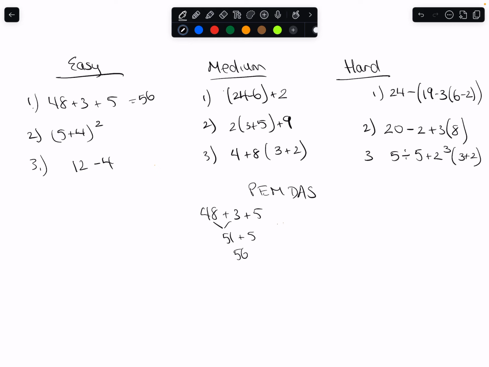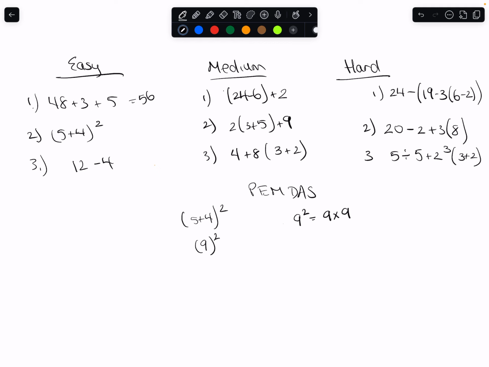Next one is 5 plus 4 to the second power. The parentheses is the first section that we work on. 5 plus 4 is 9. 9 to the second power, or 9 to the power of 2, is the same as saying 9 times 9.